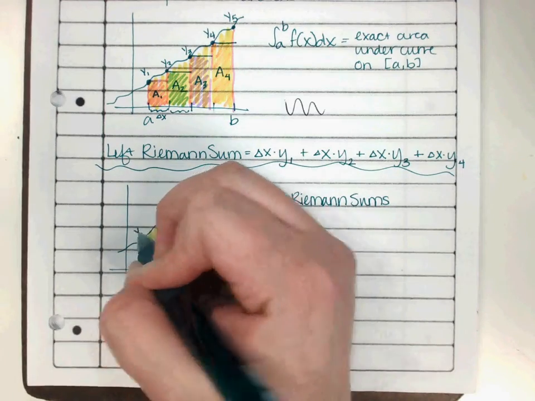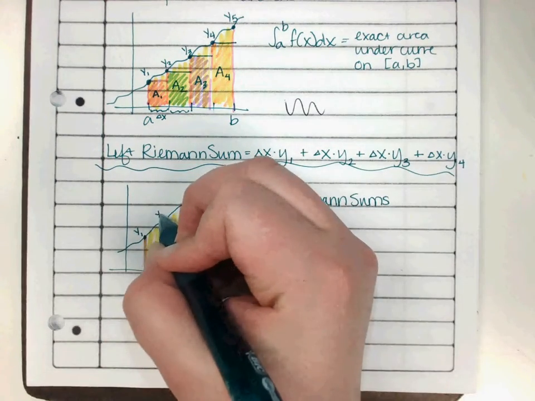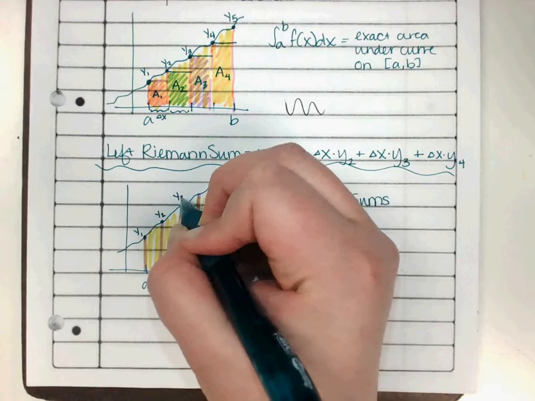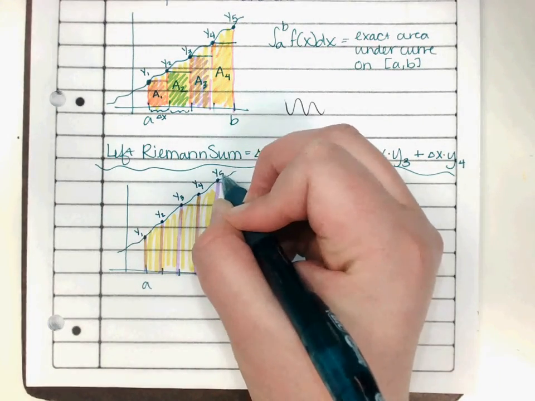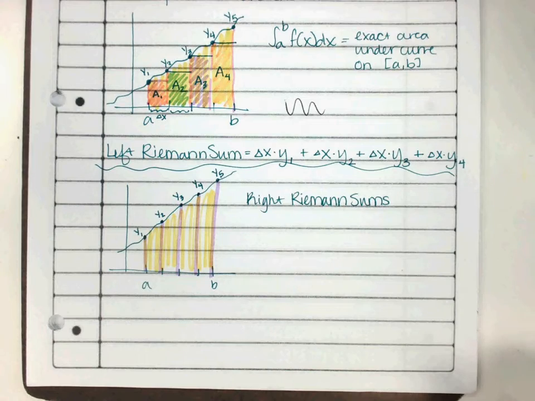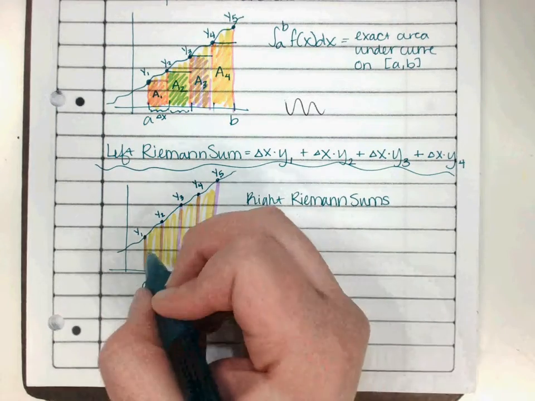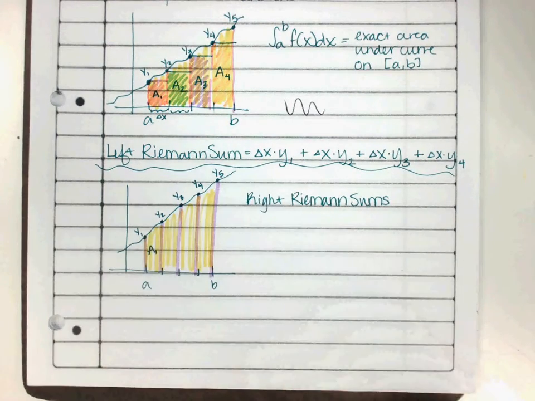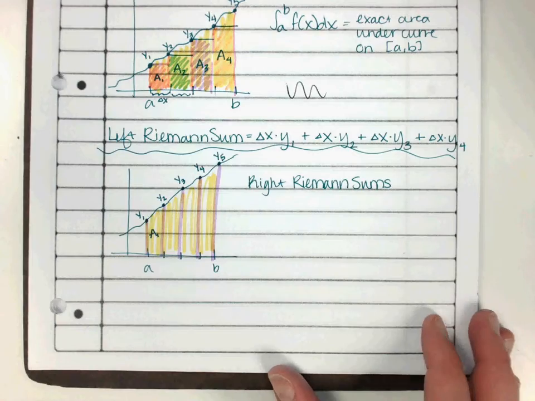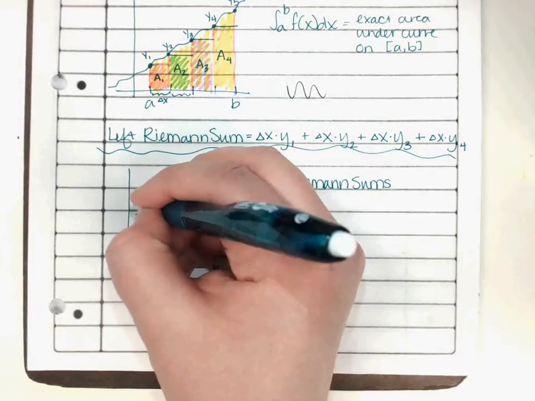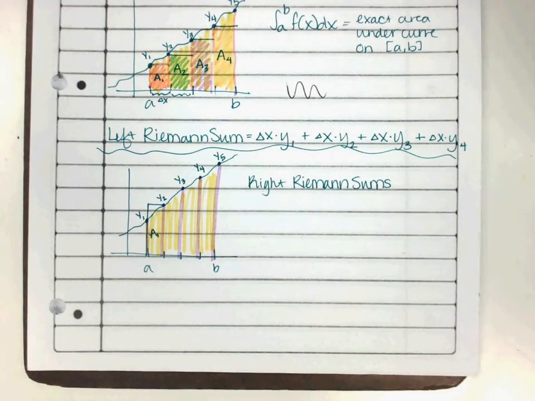This is y1, this is y2, this is y3, this is y4, this is y5. Okay, here's rectangle number 1. Am I using y1's height or y2's height? Which one is on the right? Y2. So cut across. That's your rectangle.